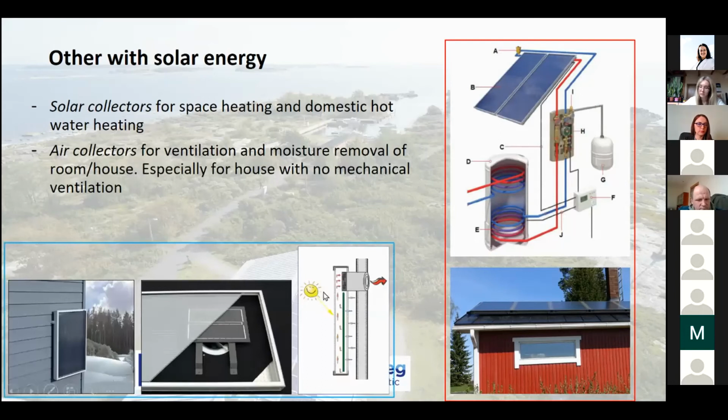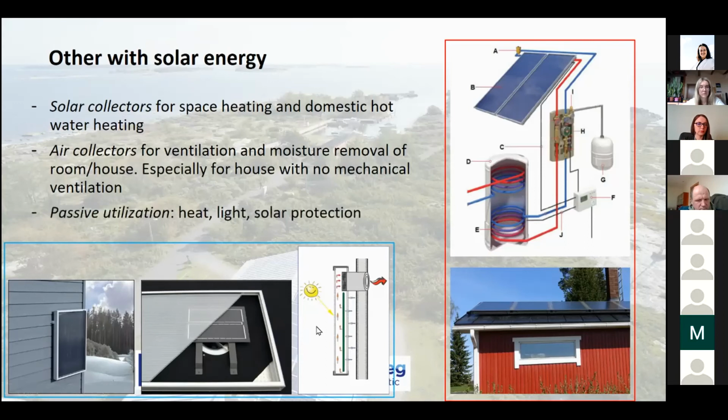The sun heats the collector and it heats up the air, and then warm and dry air is blown inside. So it replaces the more moist air from the inside and also heats up a bit. There's also a small PV panel there to power the fan.